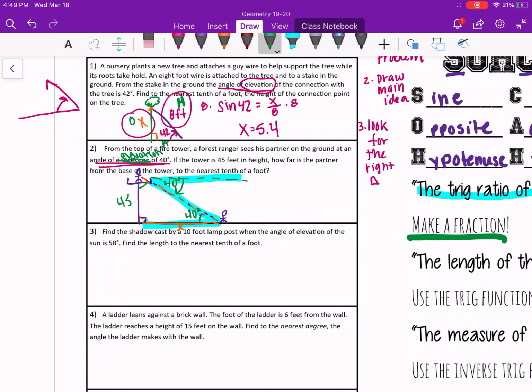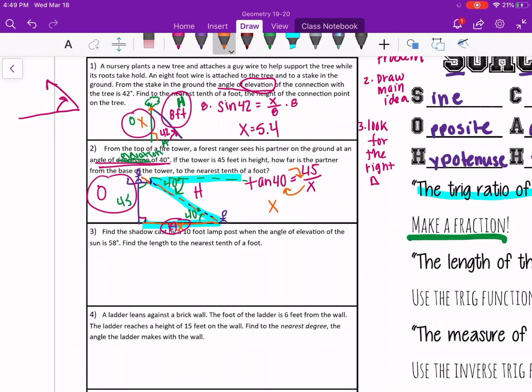So I have to label my sides first, sorry. So I've got opposite, hypotenuse, and adjacent, and now I circle. So O and A means I'm going to be using tangent. Tangent of 40 is opposite over adjacent, and this requires the switch.